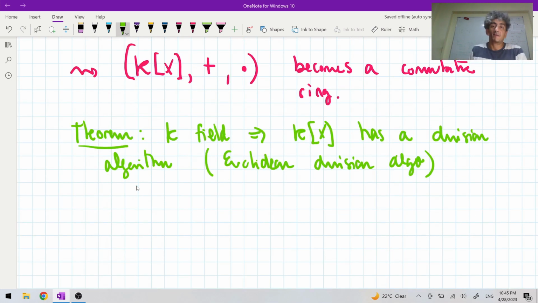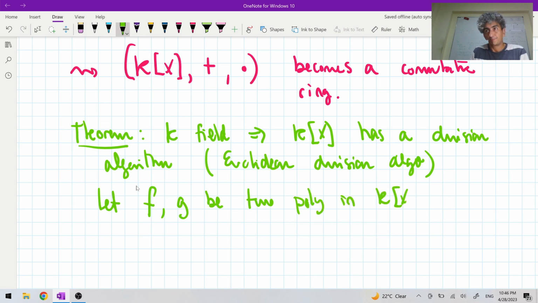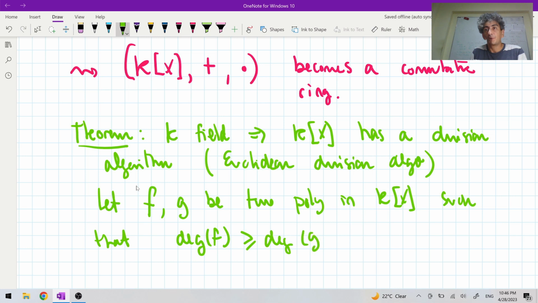And it goes like this. Let f and g be two polynomials in k of x such that the degree of f is greater or equal to the degree of g, right?